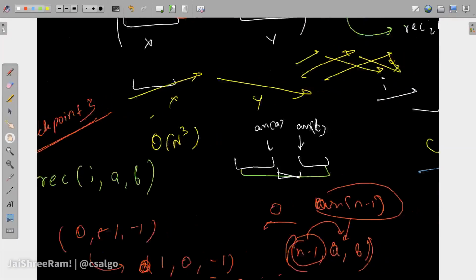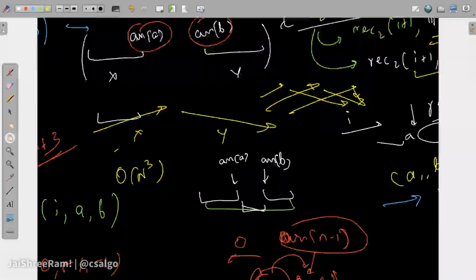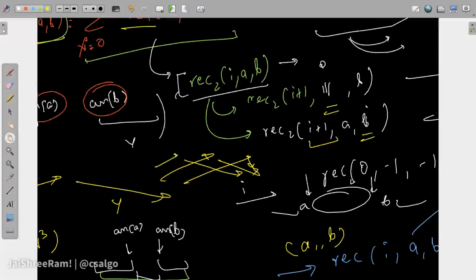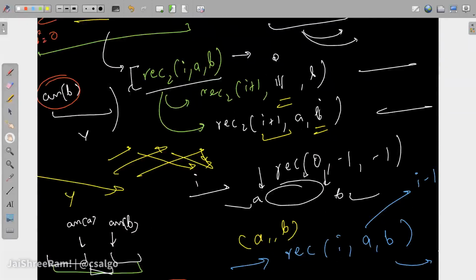Now this n cube can also be optimized by looking into the recurrence, that from any particular state, whenever we are doing a move, at least one of the states is always i, because the last element has to be put in one of them, right? So why keep A and B? Rather, we can reduce the state a bit and keep which one of them is i and the other one is some other value.